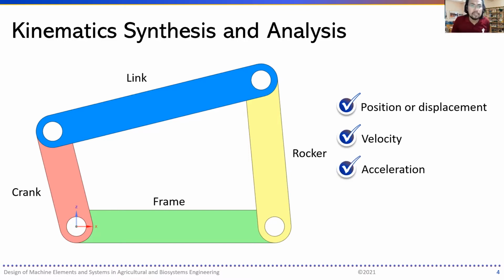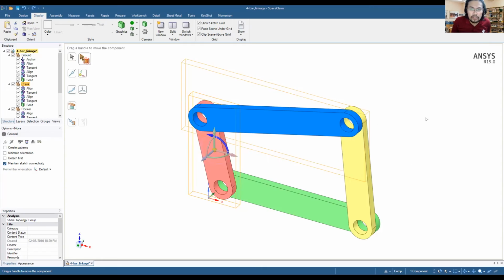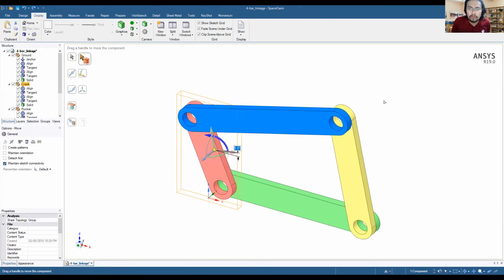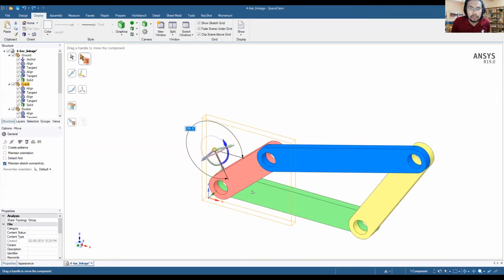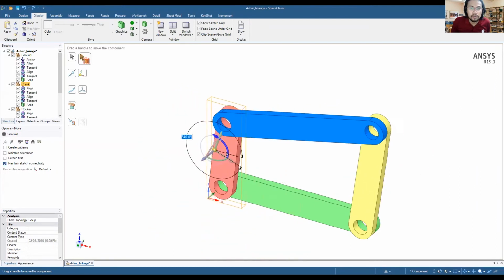Okay, so this is the same bar that was shown a while ago, the crank rocker mechanism, and we have the crank selected, and this is the rocker, and we can show how this moves if we try to rotate it, so we see the mechanism of how it rotates.